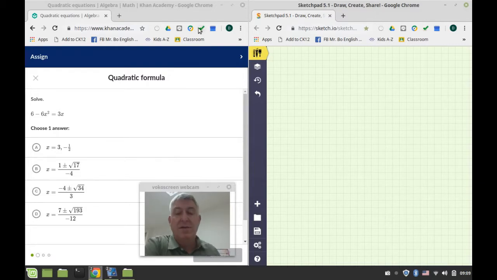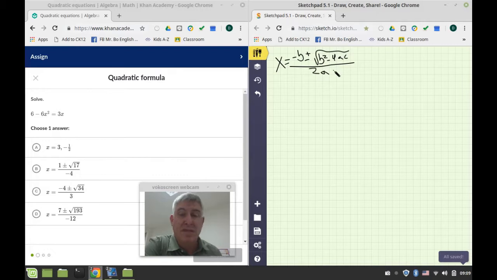All right, let's look at our next one. I'm going to write down my quadratic formula here. Negative b plus or minus the square root of b squared minus 4ac all over 2a. And the equation they want me to solve is 6 minus 6x squared equals 3x.